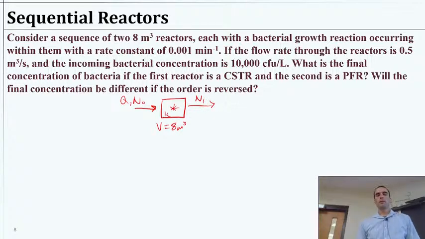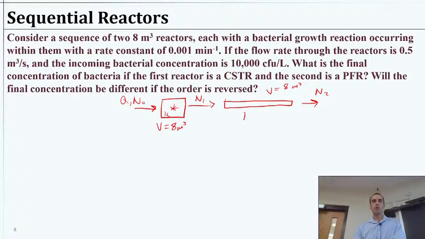Then we're going to go into a plug flow reactor, and we could draw it in a variety of ways. I'll just draw it kind of as a long, thin pipe and say that's a plug flow reactor. The volume also is 8 cubic meters, and we have some N2 leaving it. Also have the K, it's the same K. We also have the flow rate.